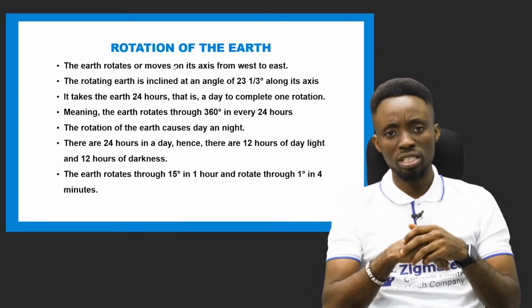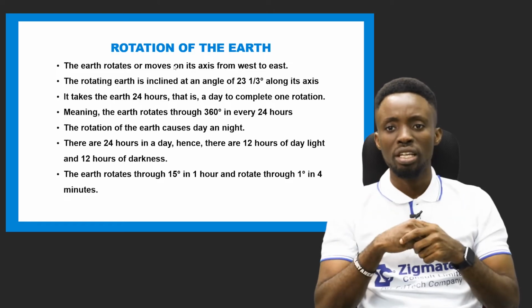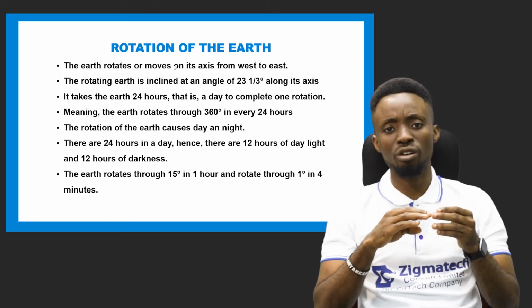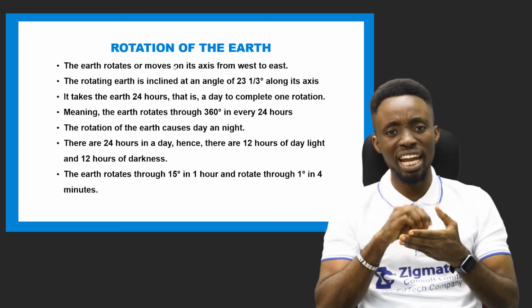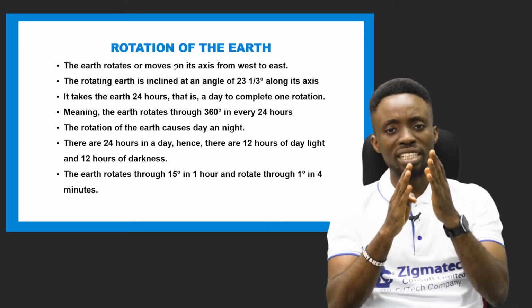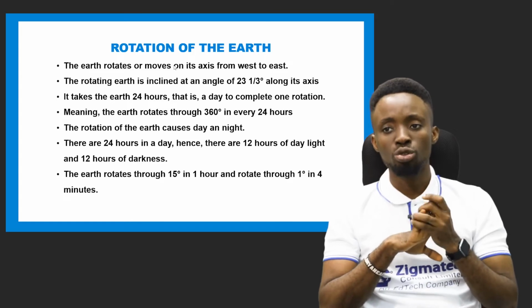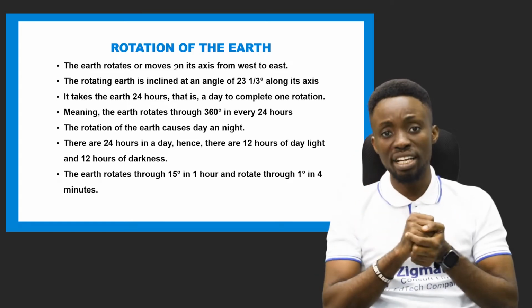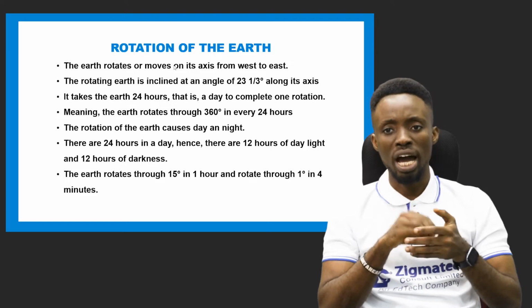So we are going to look at the rotation of the Earth. Like I said previously, it's the Earth spinning on its own axis. The Earth is actually inclined at an angle of 23 1/3 degrees to its axis. That's the angle of inclination of the Earth to its axis.